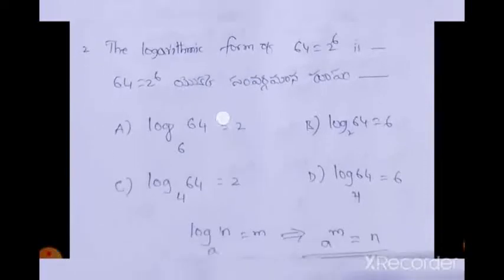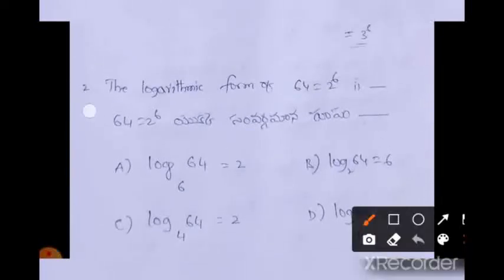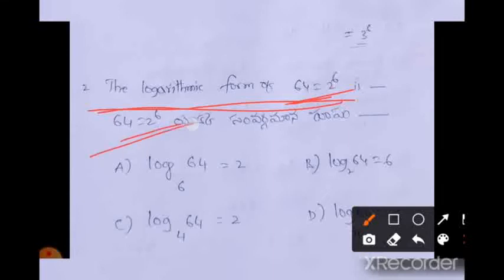And then in the second sum, the logarithmic form of 64 is equal to 2 power 6. This is the exponential form. So 64 is equal to 2 power 6. We know about this. Here we have discussed how to change this exponential form into the logarithmic form. Whenever we convert the exponential form to logarithmic form, here the base is 2.